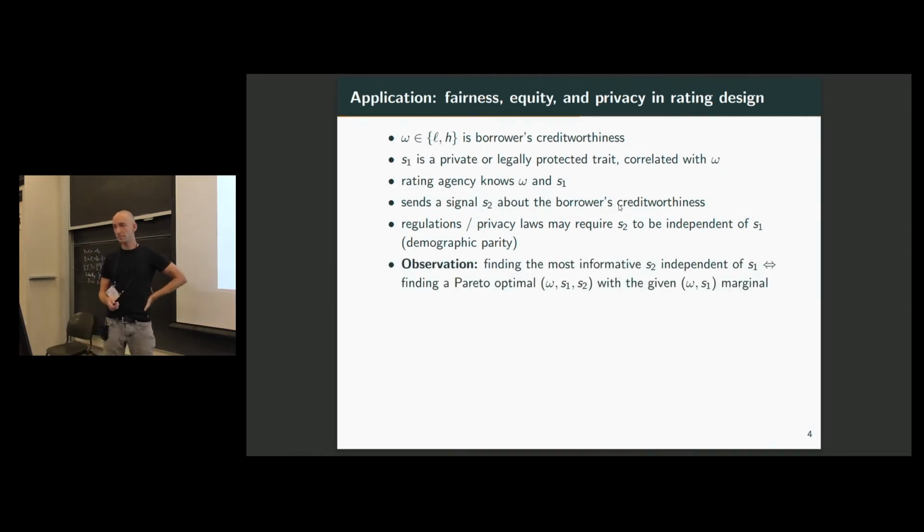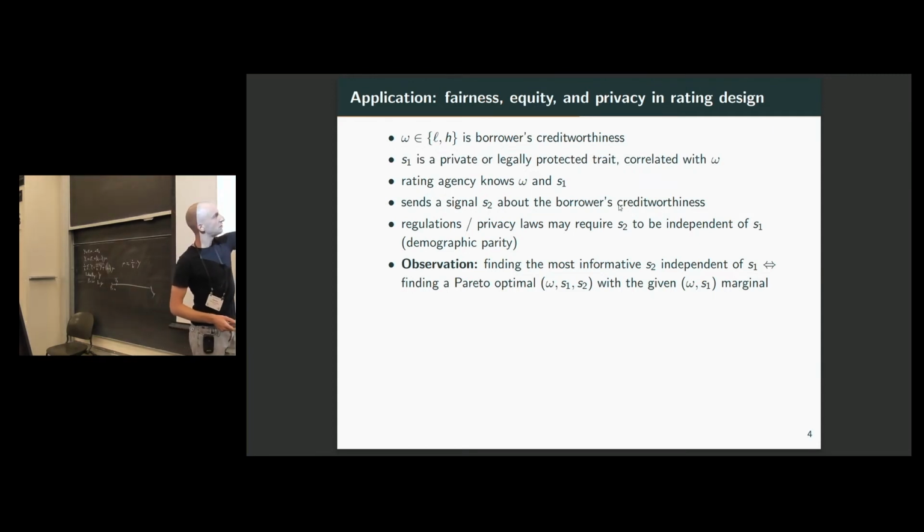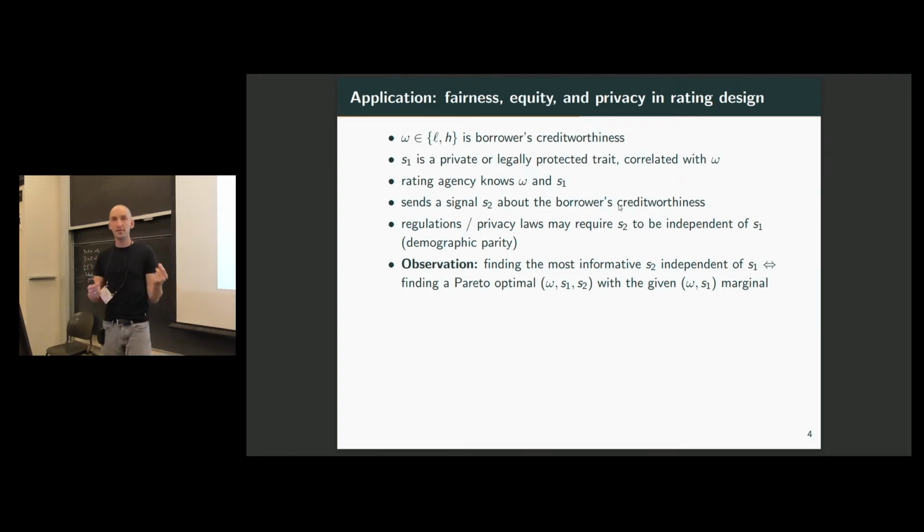So the question becomes to find the most informative signal S2 under these privacy constraints. So we want to find S2 maximally informative about omega, but independent of S1. But now we can reformulate this goal the following way. We want to find a Pareto optimal private information structure, (omega, S1, S2), with given marginal on omega and S1.